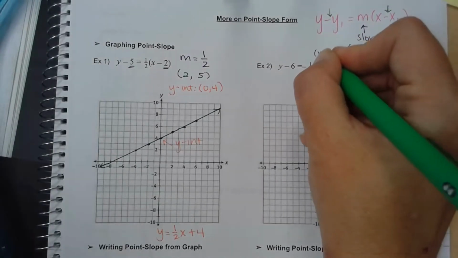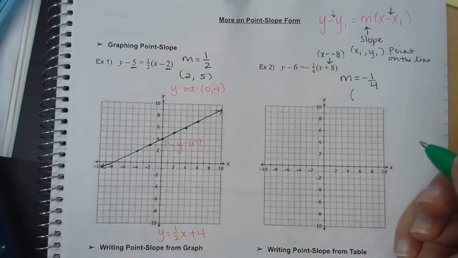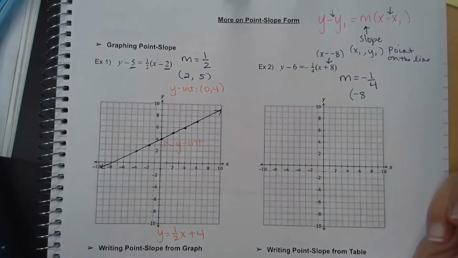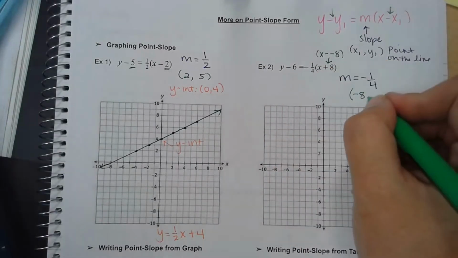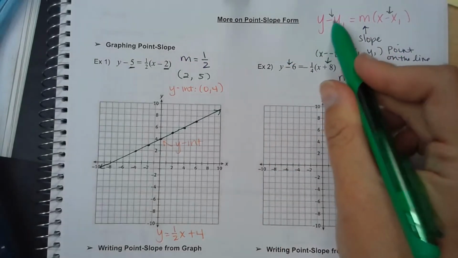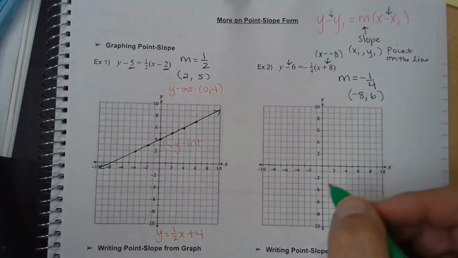That means that this was actually x minus -8, right? So my x value is -8, and then my y value is 6, since it's a minus 6 and it's always minus. So my point is at -8, 6.